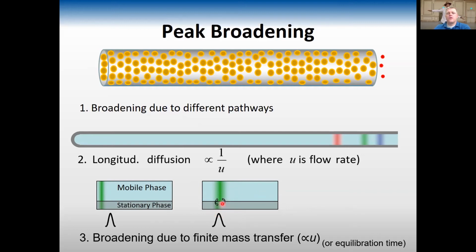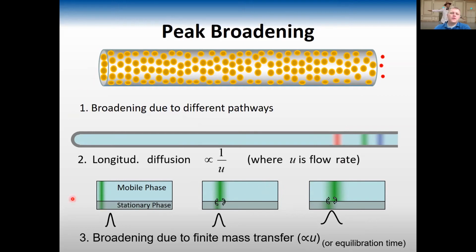And since these guys are always interchanging, if the mobile phase is going really fast, the stationary phase's rate of picking stuff up and letting it go is staying the same. So essentially what you're doing with a high flow rate is smearing your analyte across the stationary phase. So higher flow rate means more smearing due to this finite mass transfer, more smearing of your analyte along the stationary phase, and higher flow rate also means less broadening due to longitudinal diffusion.